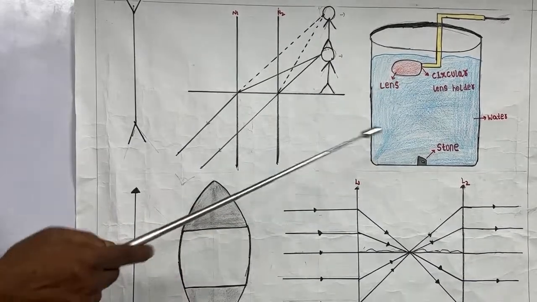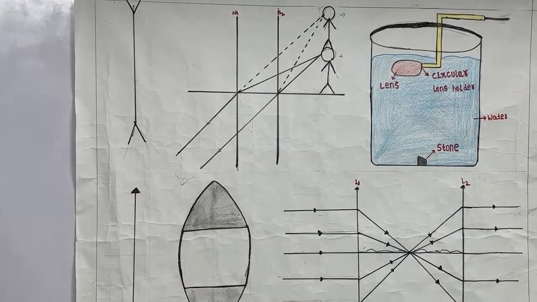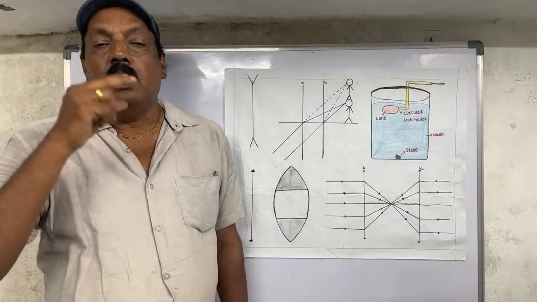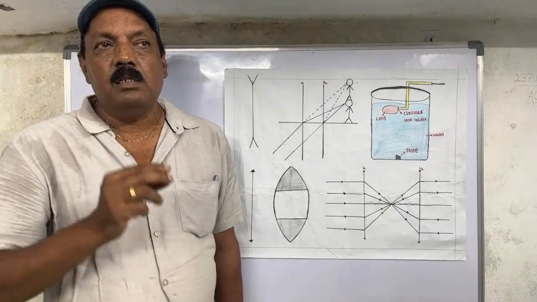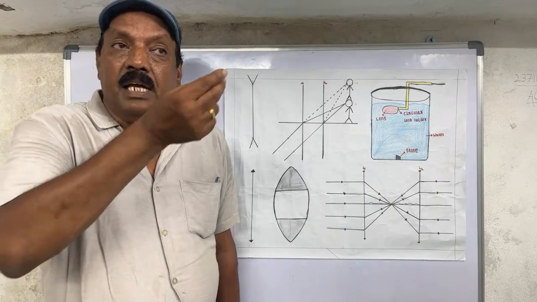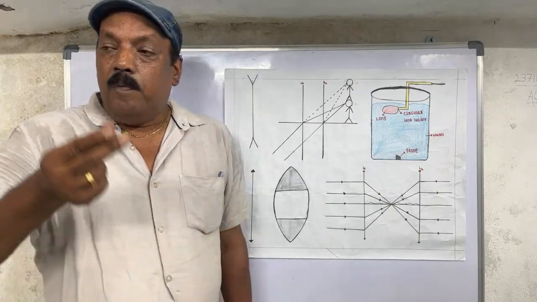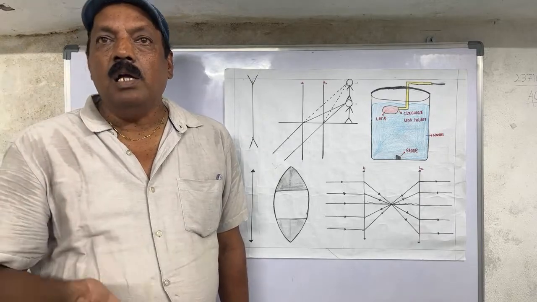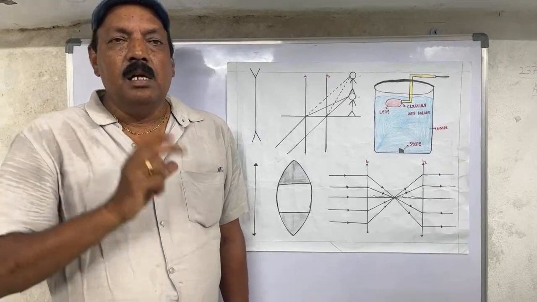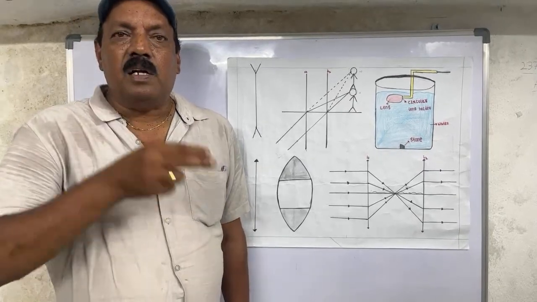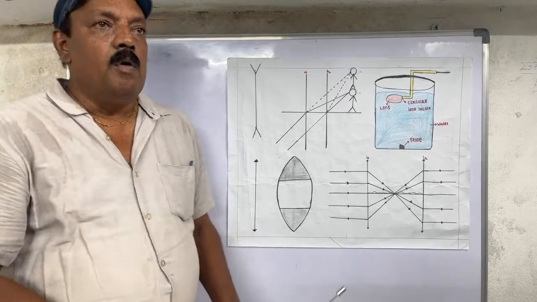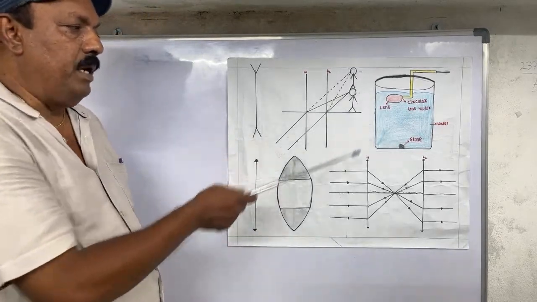What is my aim for this experiment? Suppose the known focal length of the convex lens is 15 centimeters. If the lens is kept in the water, will the focal length increase, decrease or remain the same? To know this, we are conducting this experiment.